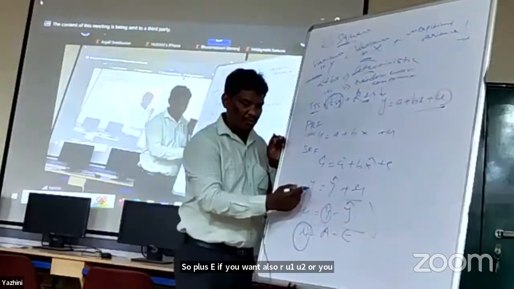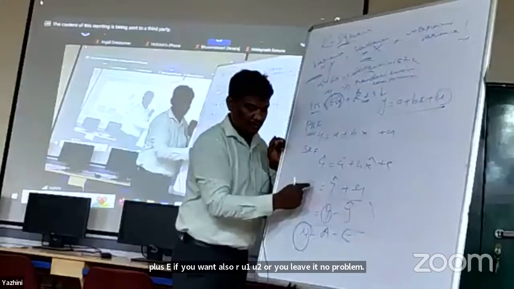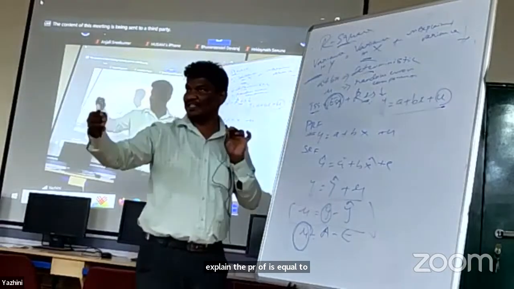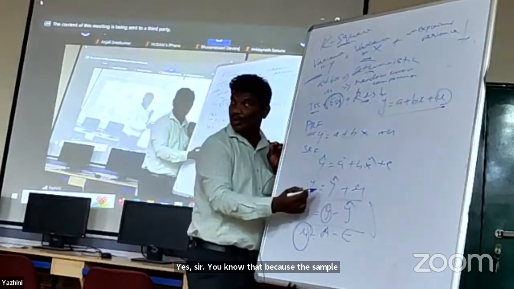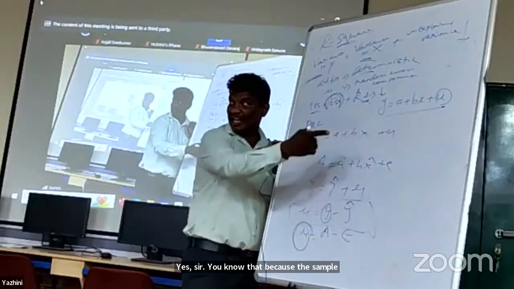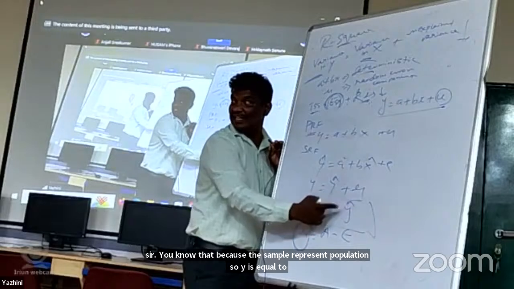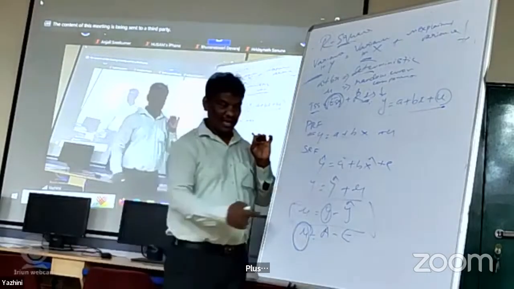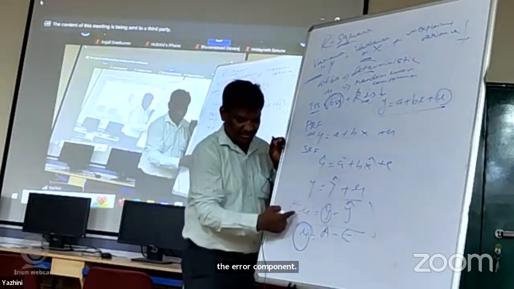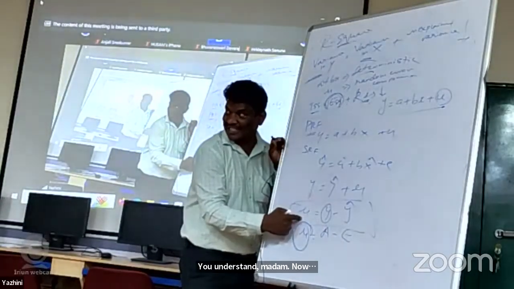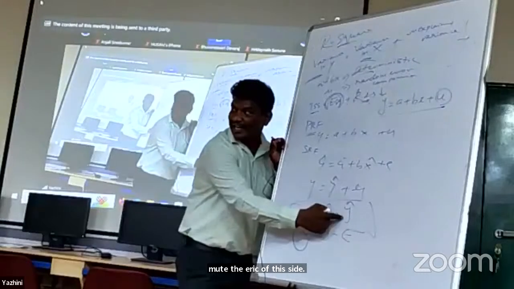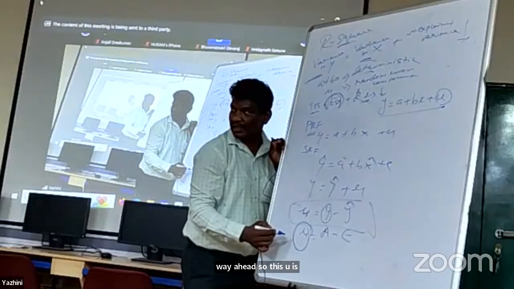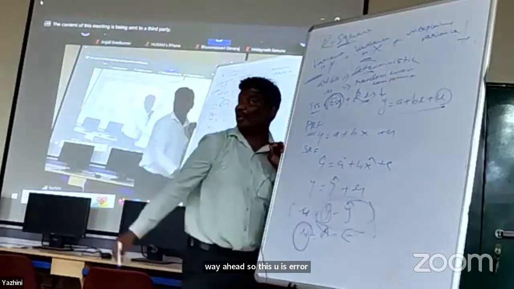Now I want to explain that PRF is equal to SRF, because the sample represents the population. So y is equal to y hat plus the error component. You understand, madam? Now I can bring the error to this side: u is equal to y minus y hat. So this u is the error, nothing but y minus y hat.